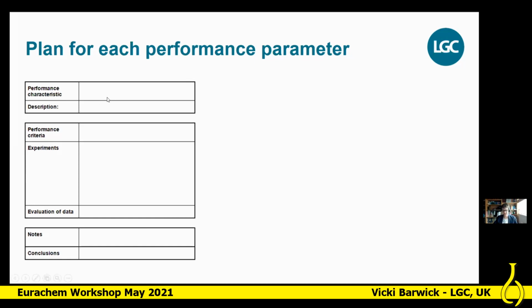So obviously which characteristic it is you're actually going to be determining. Might be useful to include a description of what that particular parameter actually tells us. What does it represent? We should ideally specify the performance criteria. So I'll say a bit more about that in a minute. We need to know how we're going to judge the performance of the method. So if we measure precision, how do we decide if that's actually acceptable or fit for purpose?